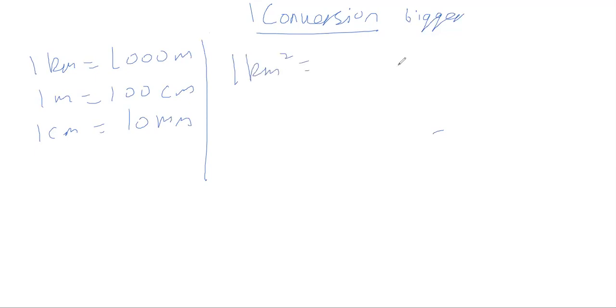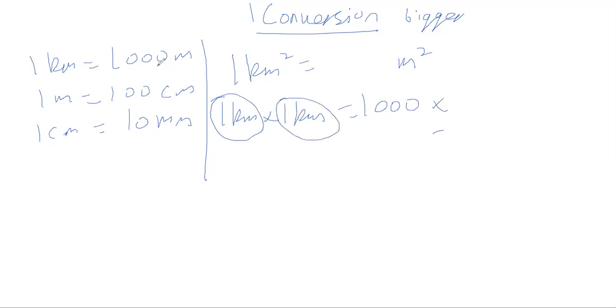Now, if you want to convert 1 kilometer square, it is equal to how many meters square? See, 1 kilometer square means 1 kilometer multiplied by 1 kilometer. Square means kilometer multiplied two times. Now you know that in 1 kilometer, there are 1000 meters. So write 1000 into 1000.